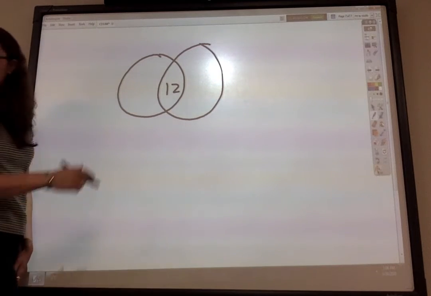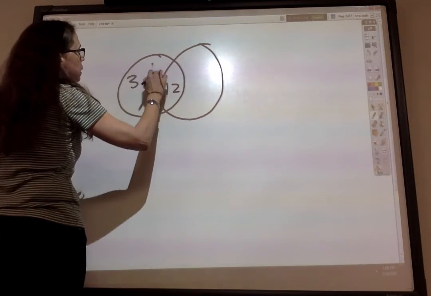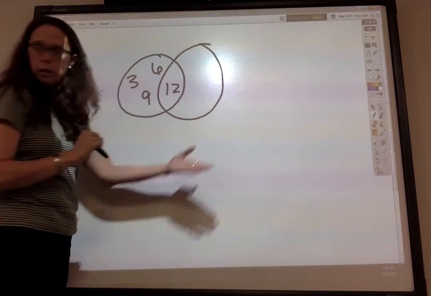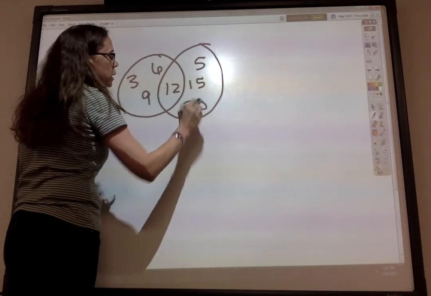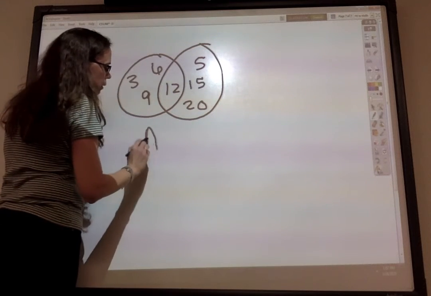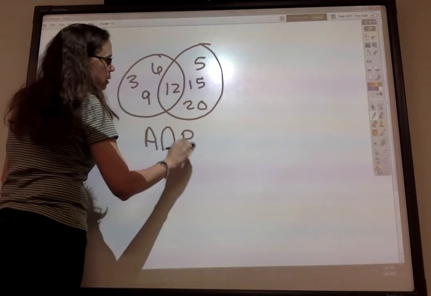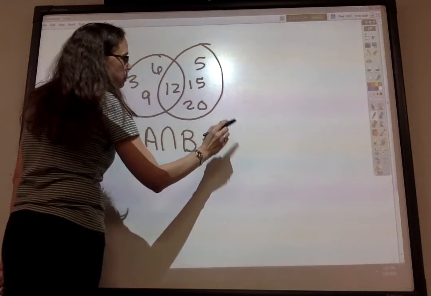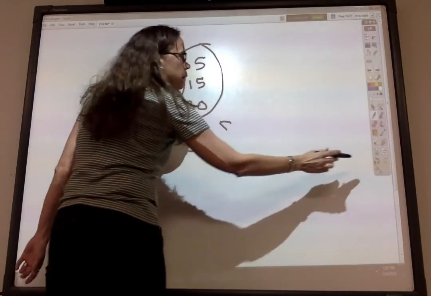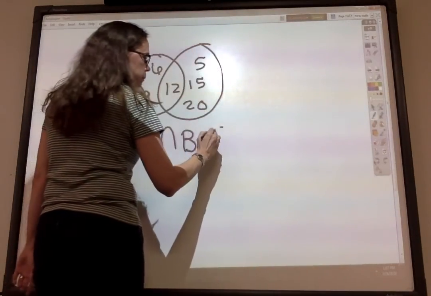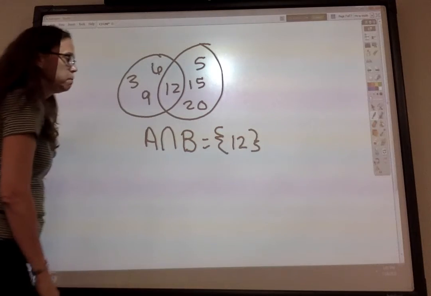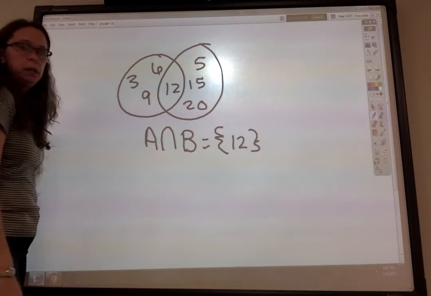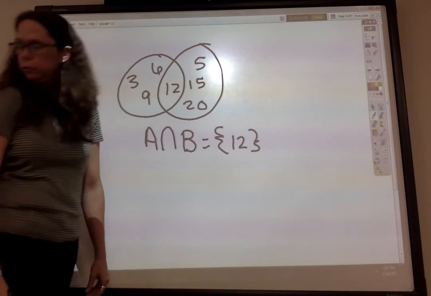And so set A over here has 3, 6, 9, and then set B has 5, 15, 20. Okay? So if they want the intersection of A and B, the only number that they have in common is the number 12.